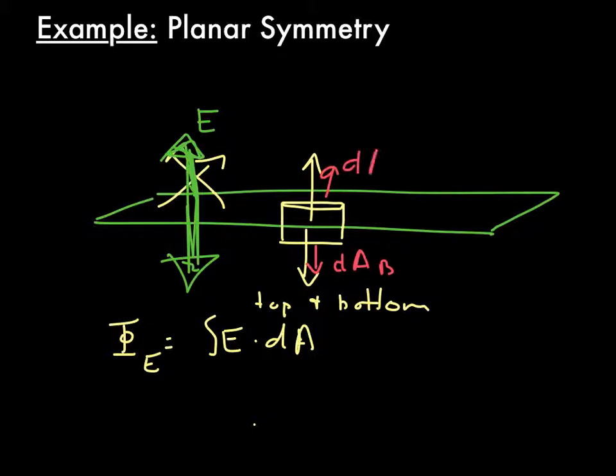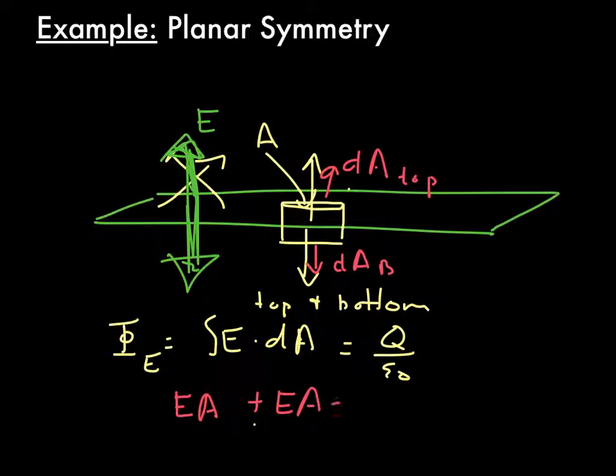This is dA for the top, equals Q over epsilon naught. So let's call the area of this box A. So it's EA plus EA equals Q over epsilon naught.